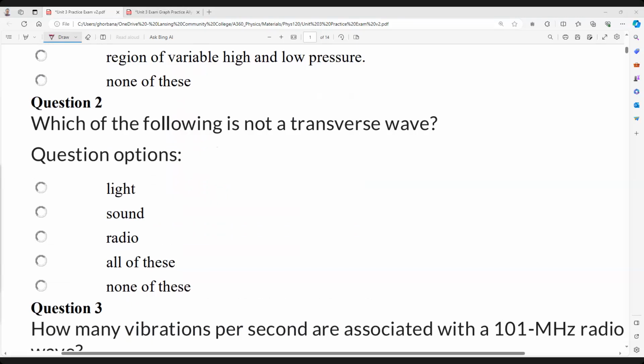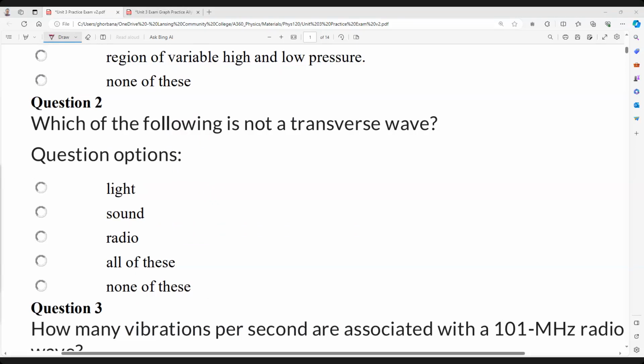We should know the difference between the longitudinal and the transverse wave. In a transverse wave, the displacement of the object traveling through the medium is perpendicular to the direction of the wave's travel. But in a longitudinal wave, the object's motion and the direction of the wave are exactly in the same direction.